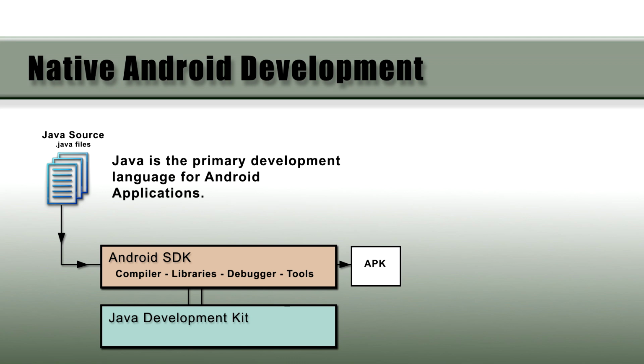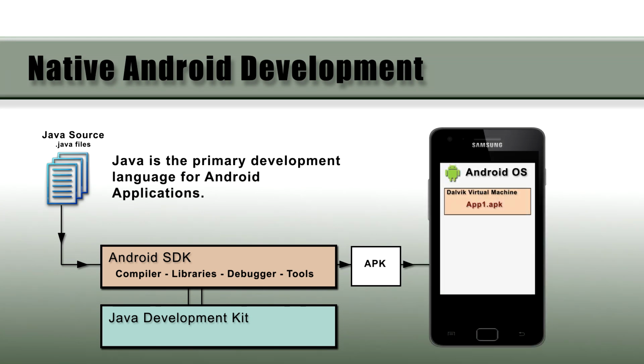Much like the standard Java runtime environment, software called a virtual machine is used to run apps on the Android devices in a secure environment. However, the virtual machine on the Android platform is not the standard Java virtual machine used by the Java runtime environment. In fact, while most Android applications have their source code written in the Java language, there are many differences between the Java API and the Android API.